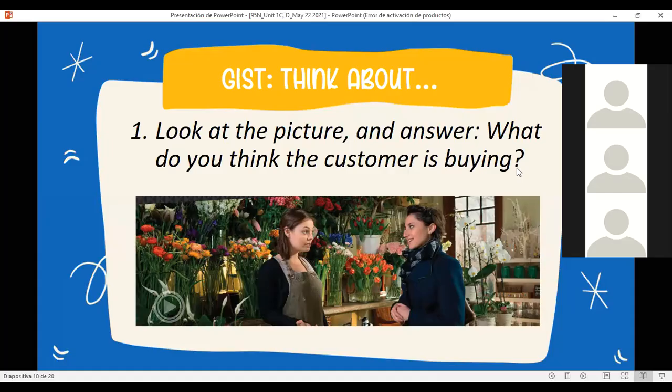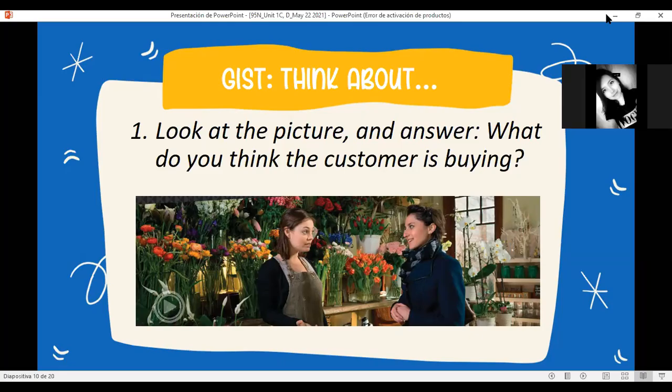So now we're going to look at this picture, guys. Look at the picture and tell me, what do you think the customer is going to buy? What do you think the customer or the client is going to buy? Nikki, what do you think the lady is going to buy?